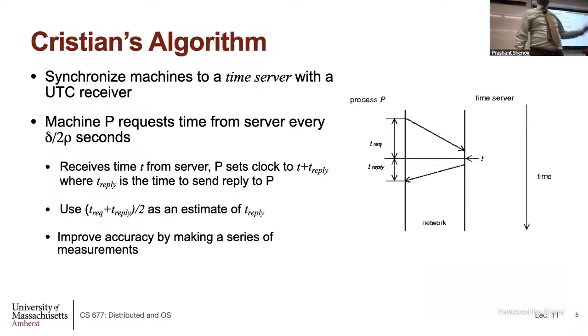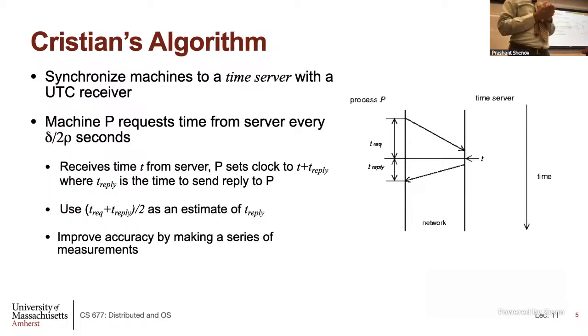Estimate that, and you have to actually set the time to t plus t reply. So the real question is, how are we going to estimate t reply? Once you estimate that, then clock synchronization is straightforward. Every delta over 2 rho, you ask the time server, it sends the time, you find the network propagation delay, you add it to the time that was sent back to you, you set your clock to that value, and you're done.